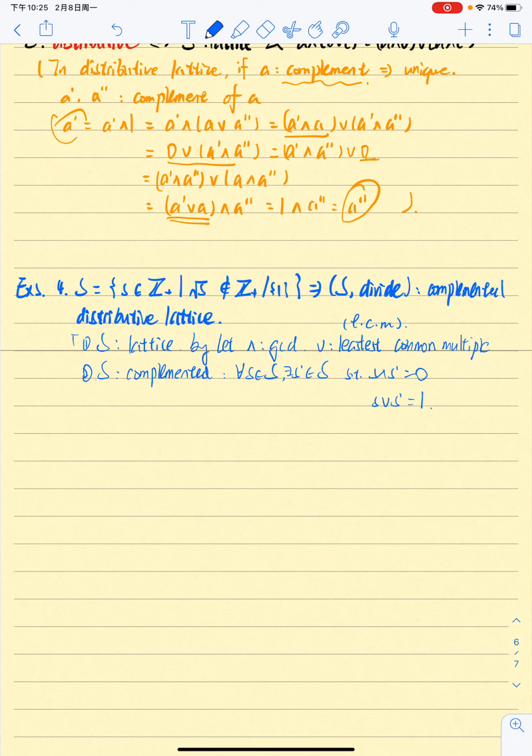Actually, this is true, right? Because we can find some positive integer S prime such that the greatest common divisor of S and S prime is the bottom element, and the least common multiple is the top element. We can always find this.